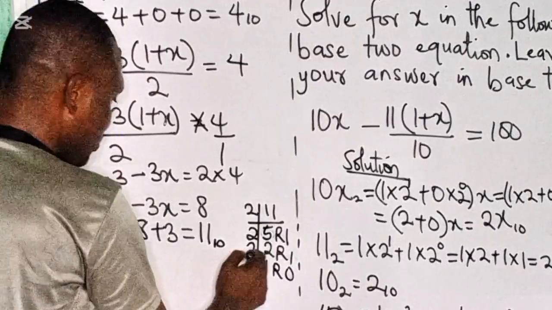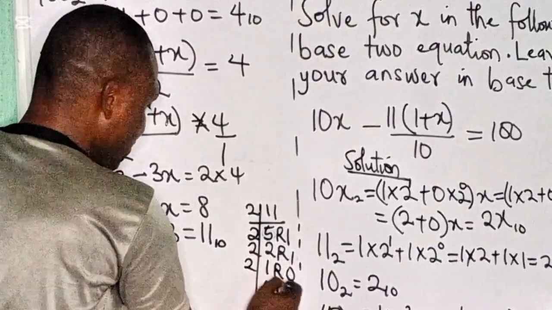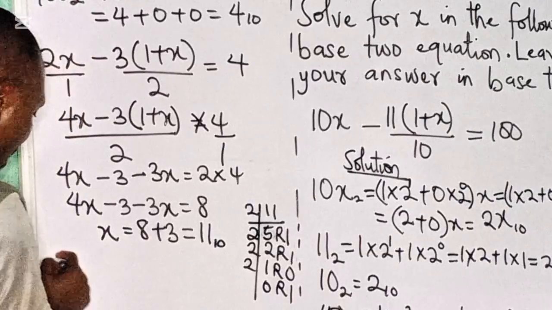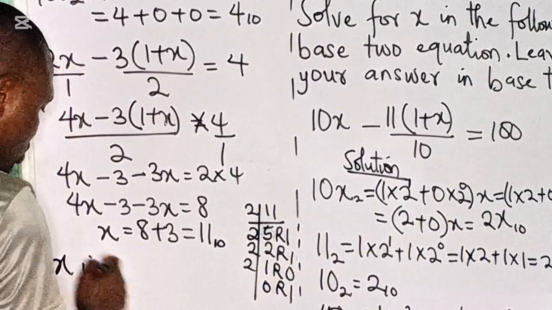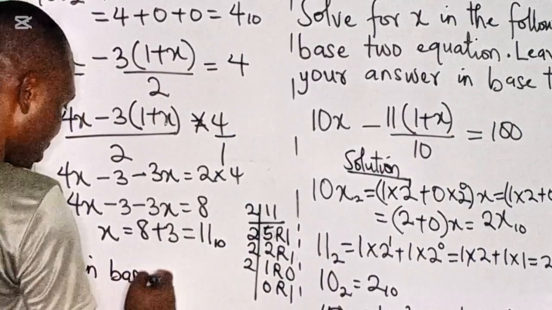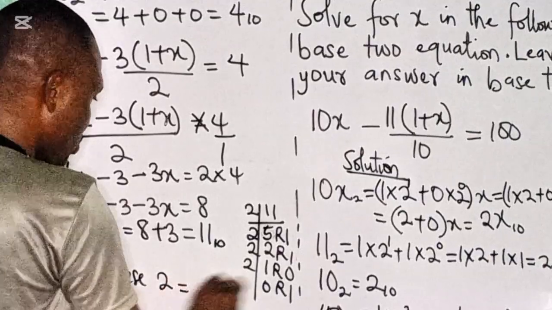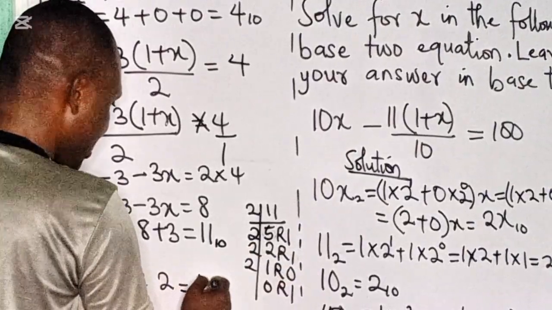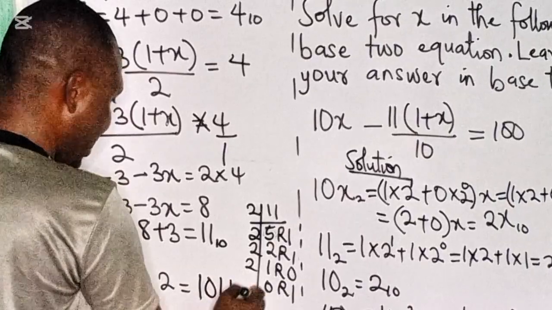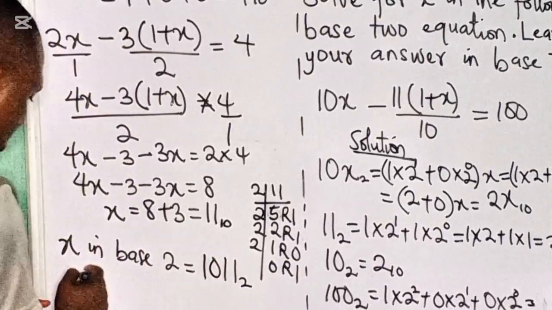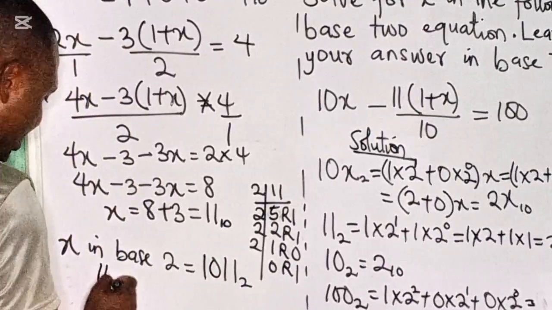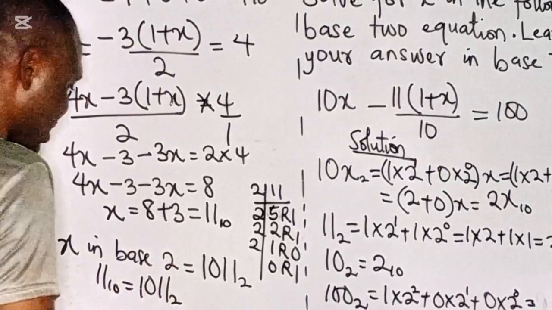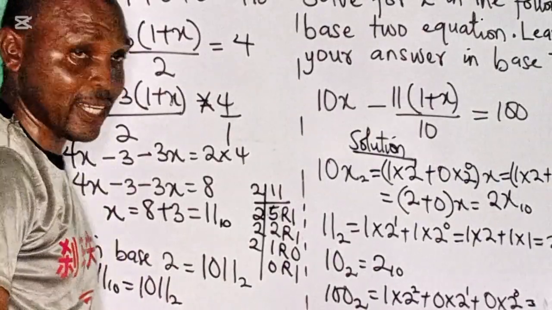And 2 in 1 is 0 remainder 1. So we are going to take it up. So at the end of the day, our x in base 2 will be equal to 1 0 1 1. That is in base 2. So it means 11 base 10 gives us 1 0 1 1 base 2. So that is the value of our x. Is that clear? Thank you.